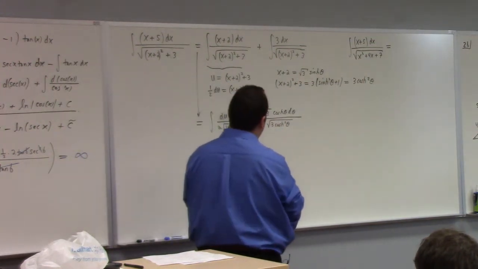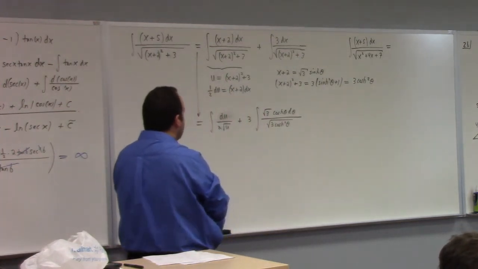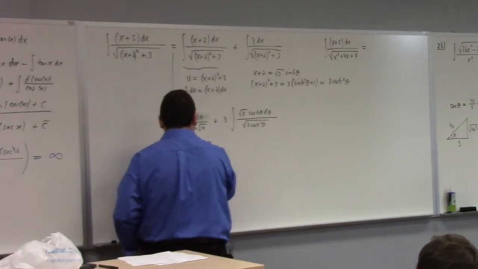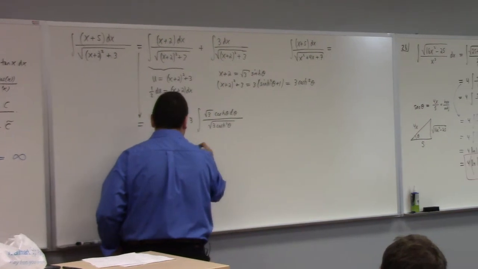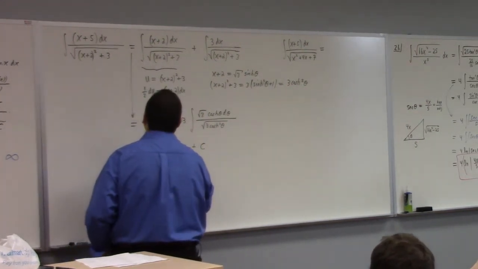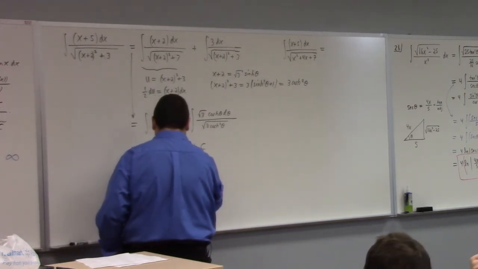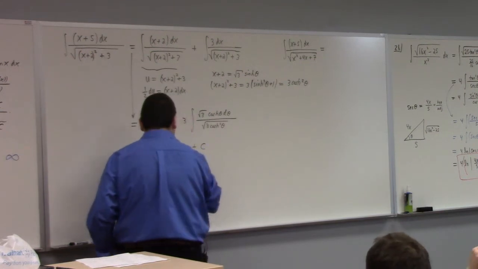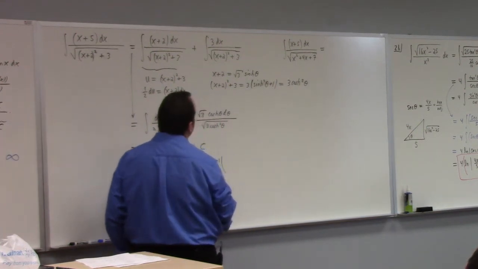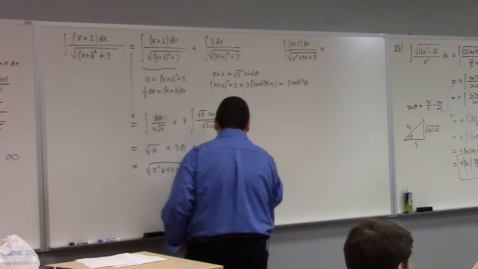In fact, this whole thing just gives me integral of d theta. So I get square root of u plus 3 theta plus a constant, which is the square root of x squared plus 4x plus 7 plus 3 times the inverse hyperbolic sine of x plus 2 over the square root of 3.